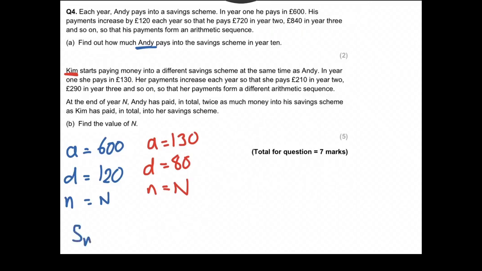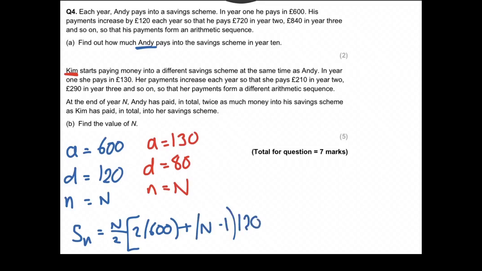So sum for Andy, 600, oh, I'm doing the wrong one there. n over 2, 2a plus n minus 1 times d. So there's our sum for Andy.